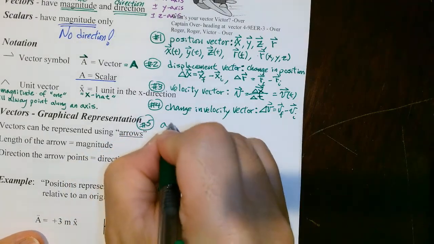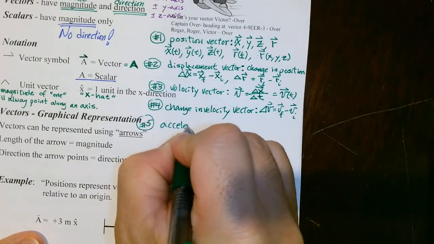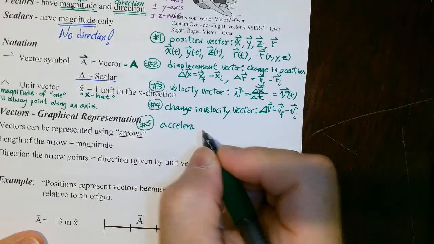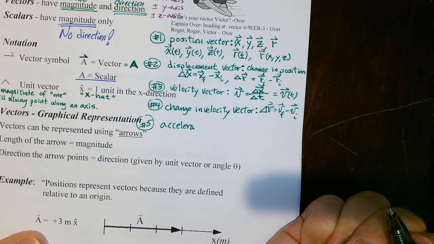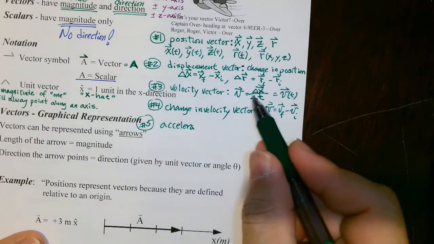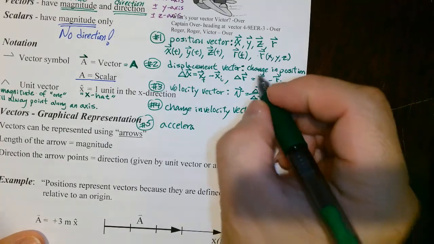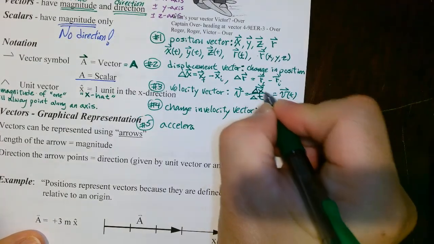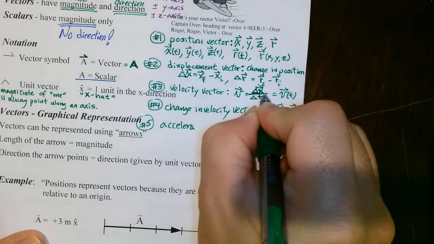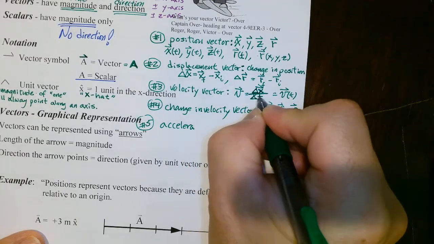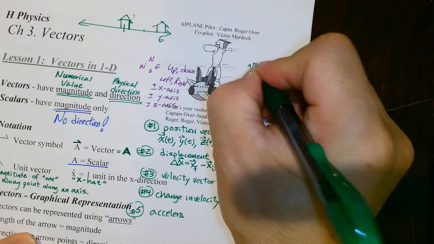is acceleration vector. I can't read what velocity vector is supposed to say. This right here, yeah, this is delta x over delta t. Yeah, I write it bigger here.